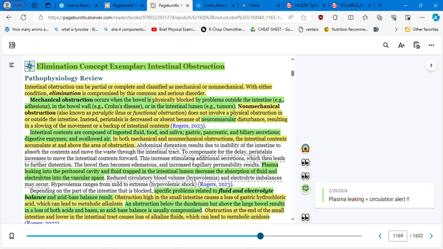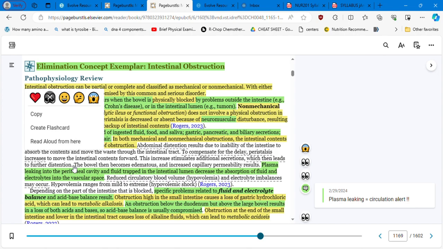This increase stimulates additional secretions, which then leads to further distension. Due to the increase in peristalsis, more enzymes and more products are going to be released by the intestine in order to help that content go through, okay, and the abdominal distension is going to increase. So you're going to see a patient whose abdomen has a big volume, okay?